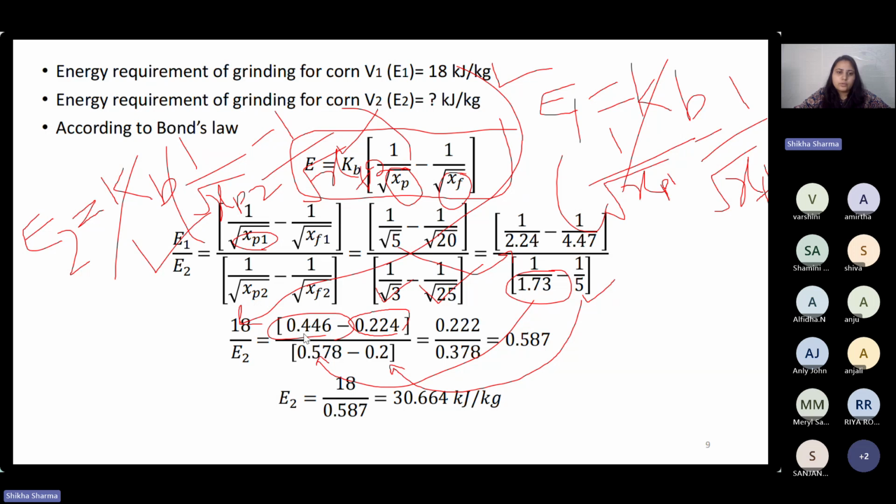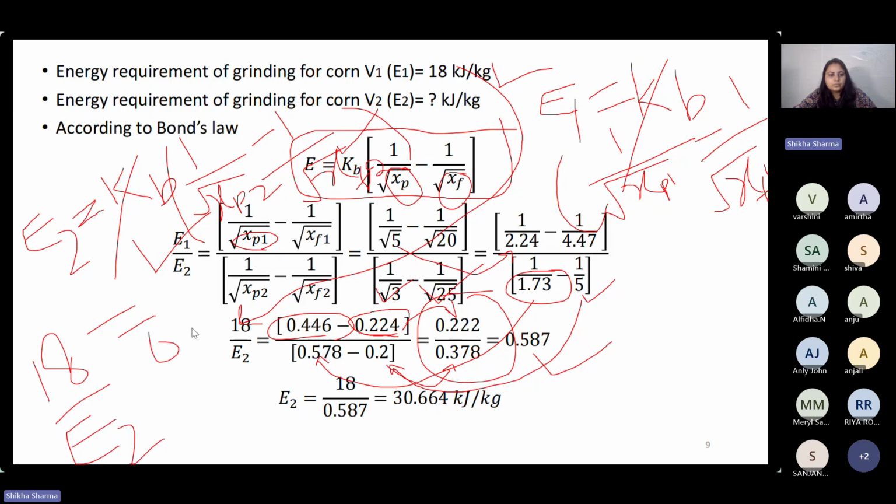When we subtract 0.446 minus 0.224, it gives 0.222, divided by 0.578 minus 0.2, which is 0.378. When we divide 0.222 by 0.378, it gives 0.587.